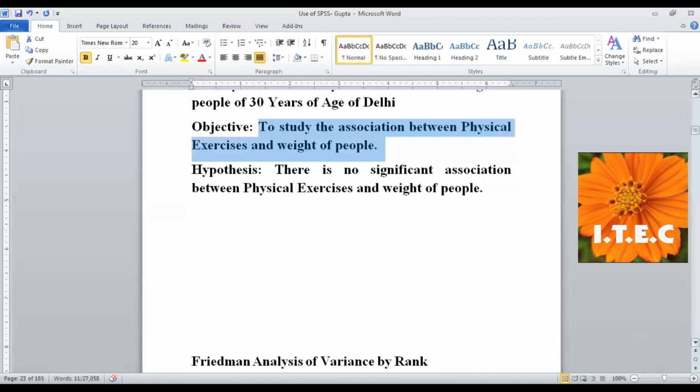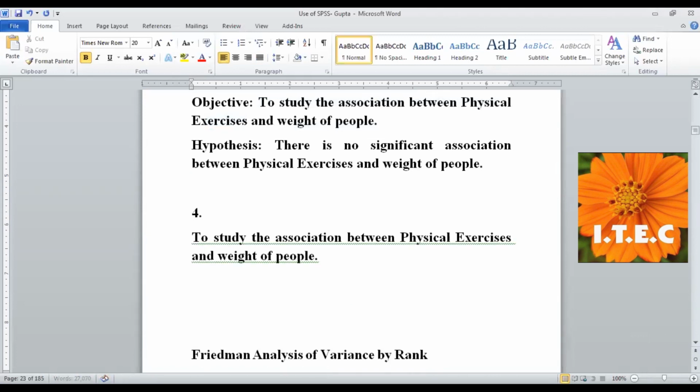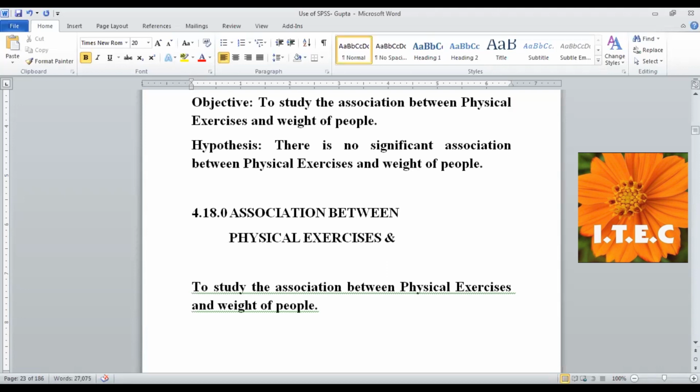So here, this is 4.18.0. Association between physical exercises and weight of people.